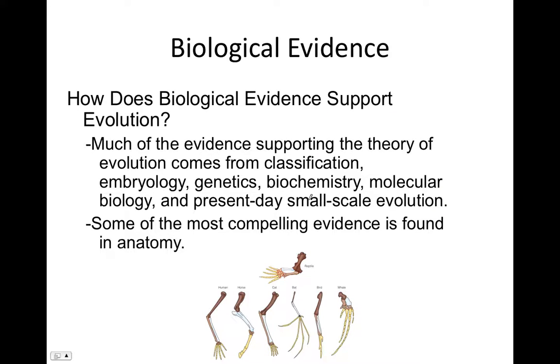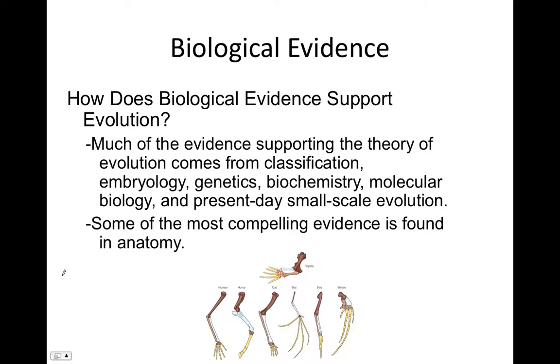So now we're going to look at some biological evidence of evolution. There's a lot of evidence supporting evolution that comes from not only classification but embryology, genetics, biochemistry, molecular biology, and present-day small-scale evolution.